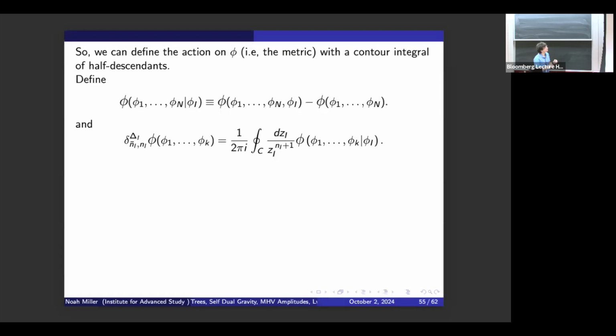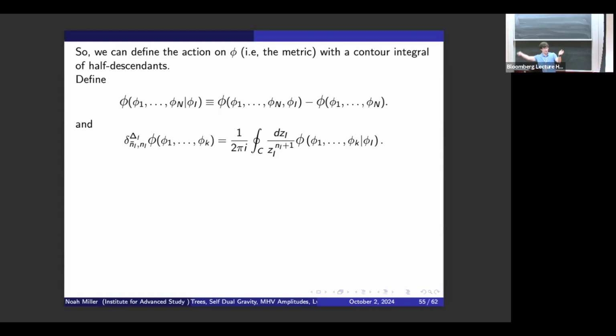So I'm taking this list of seed functions, then denoting this bar, then an extra seed function, to be the linear change in the Perturbiner expansion when you add an extra seed function.